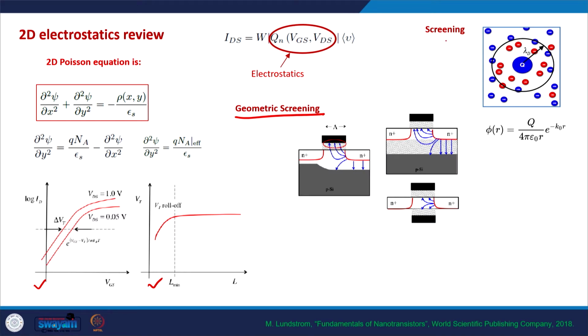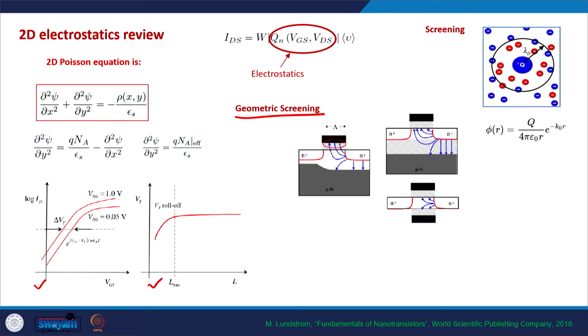The screening in materials with mobile charge carriers is that when a charge perturbation is produced, mobile charge carriers rearrange in such a way that after a certain distance the effect of the charge is negligible, and in presence of mobile charge carriers we need to use the screened Coulomb potential relationship. So that's the expression for the screened Coulomb potential.